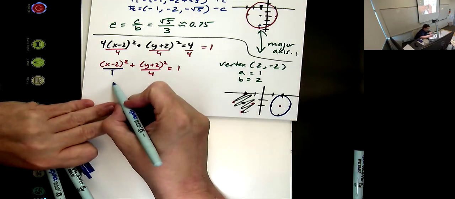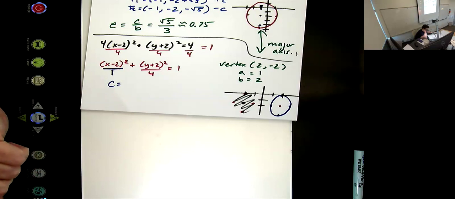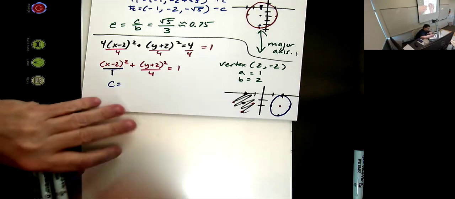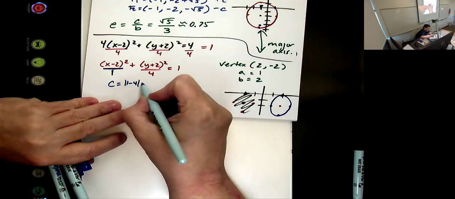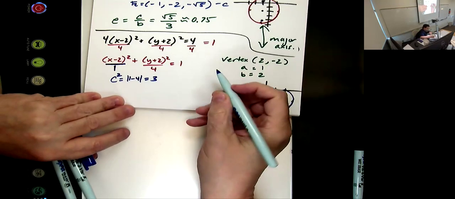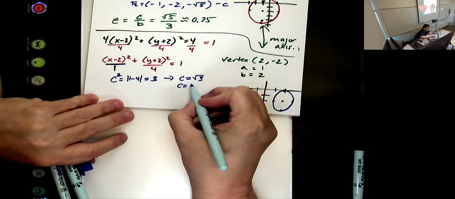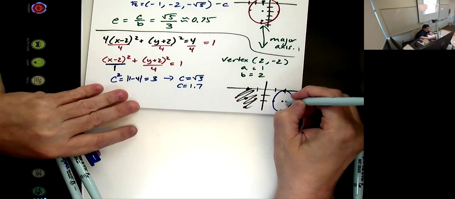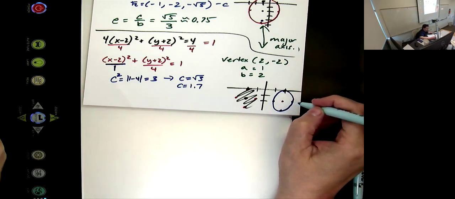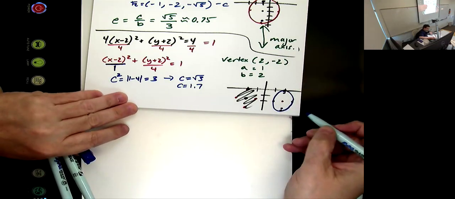So how do I find C? You do 1 minus 4. So we got 1 minus 4, which is 3, that's C squared. So C is the square root of 3, which is 1.7. We're going up and down, not left and right, because the major axis is that way. 1.7 that way and 1.7 that way.